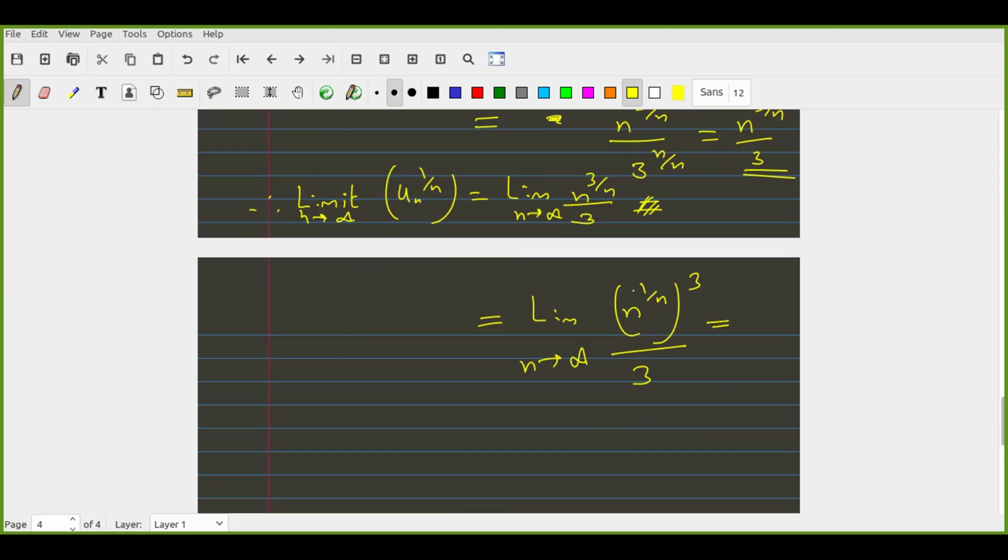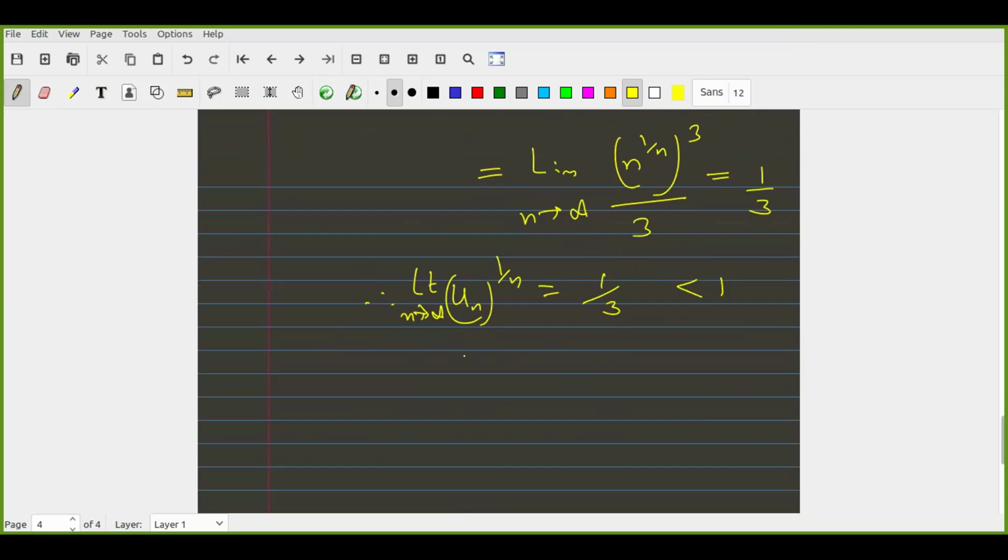And as I said, this limit turns out to be 1. It is just 1 cube by 3, so 1 by 3. Therefore, the nth root limit of un as n tends to infinity is simply 1 by 3, which is less than 1. Hence, by Cauchy's test, we declare the given series converges.